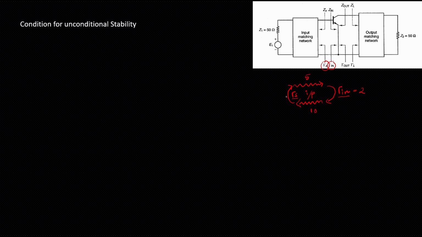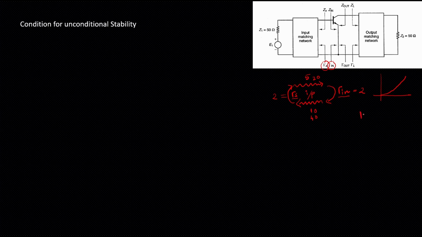And if my gamma s is also more than 1, like 2, then I get 20, then 40. So it keeps increasing. That means if the magnitude of my gamma in or gamma s is more than 1, then my device will go into oscillation, or the unstable region.